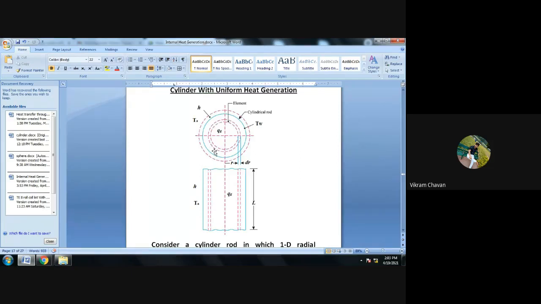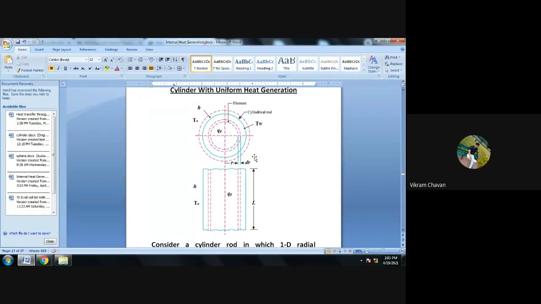This is the element we have considered, and its thickness is dr. That element is located at a distance of r, that is, its radius is r, from the center of the rod.